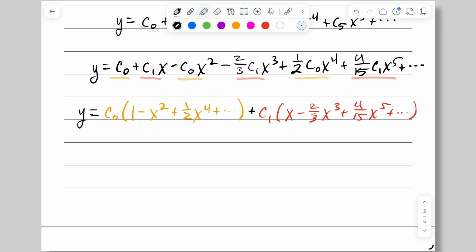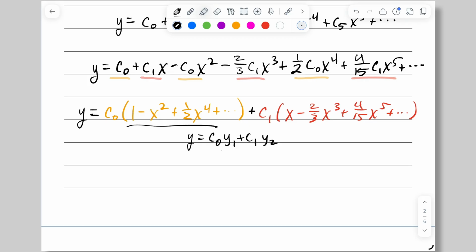We're used to seeing by the superposition principle y is equal to c1y1 plus c2y2. I'm going to relabel the constants because of what we have here and say y is c0y1 plus c1y2.